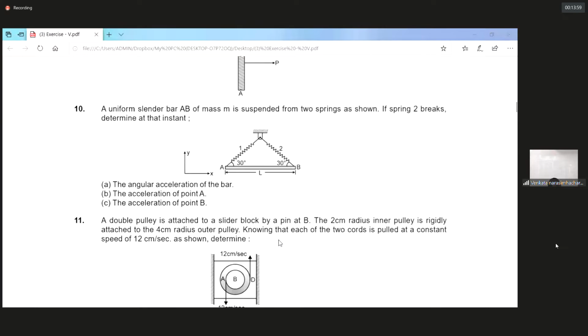Three g by L is the answer, no? I don't know. I'll also have to solve.